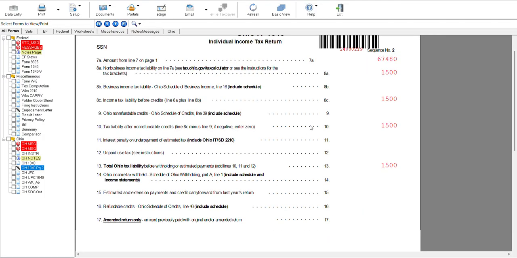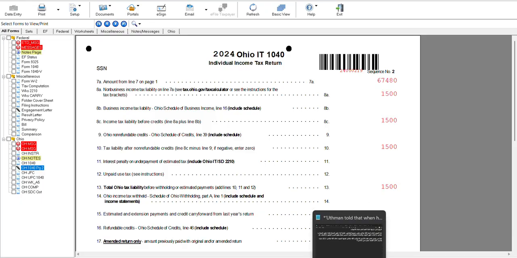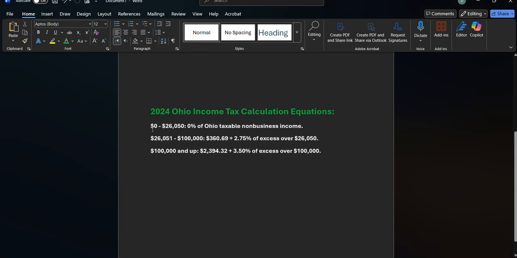So we go to the next page. It shows how much the tax liability is for this amount, which is $1,500. The way that they calculate the tax liability is right here. Between $0 and $26,050 is zero taxes. It's exempted.